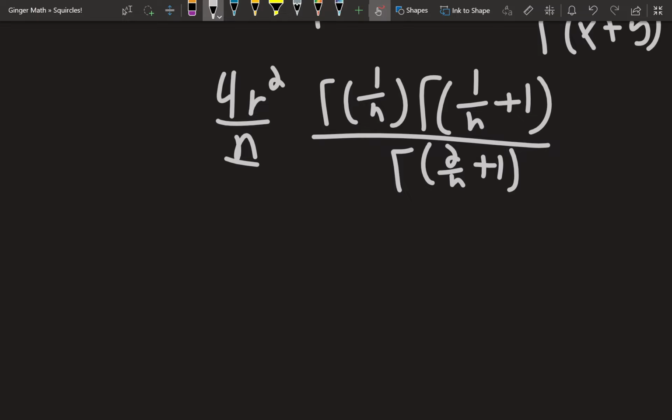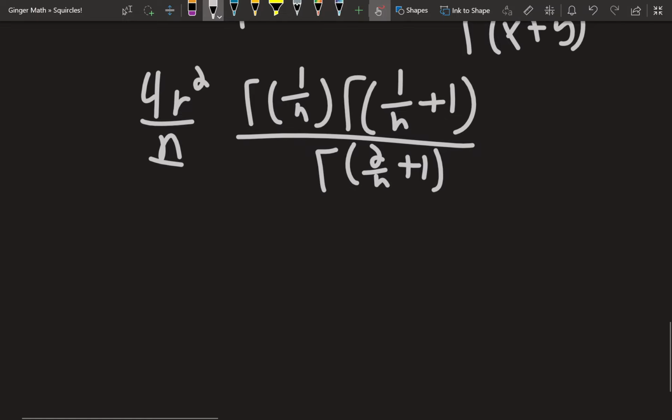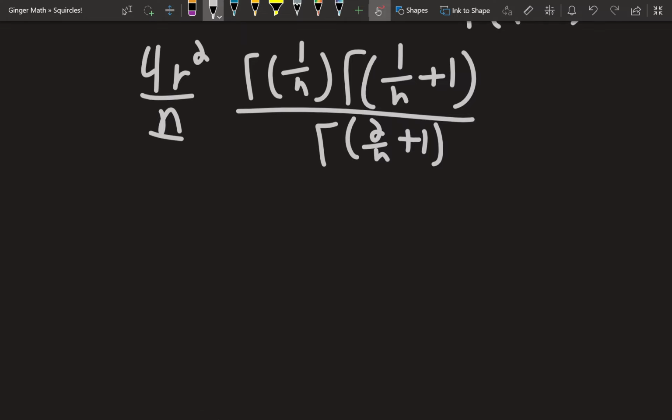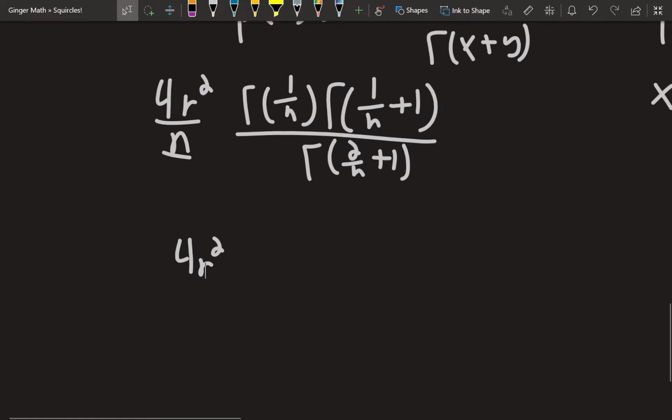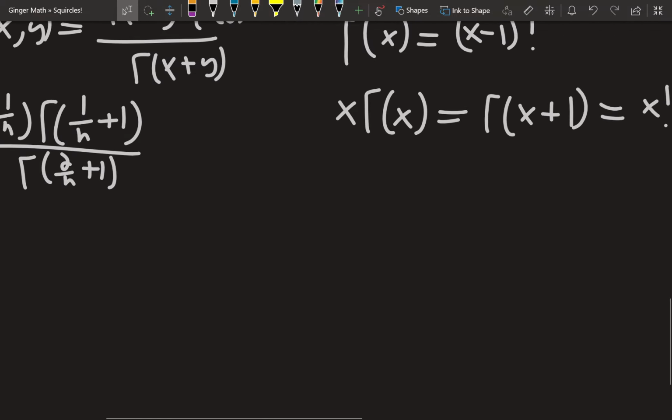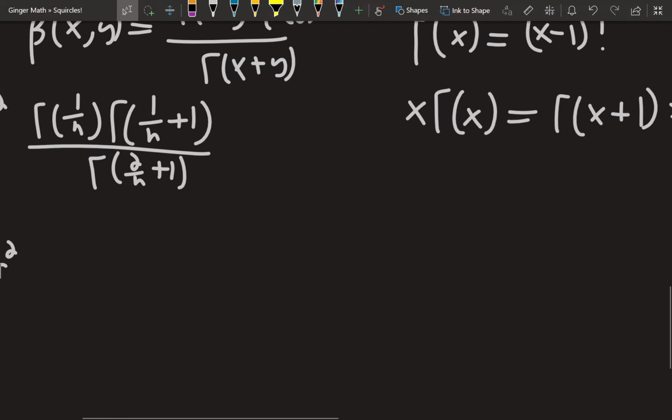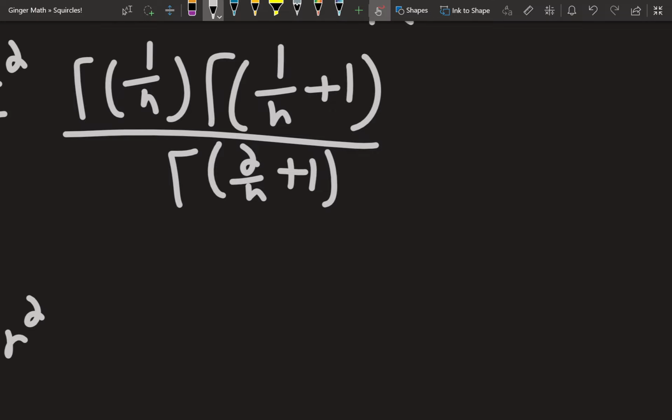Actually, no, I'll put it in factorials. It'll look slightly nicer, I guess. Anyway, that's not the point. So we have a 4r squared times, okay, we have a 1 over n times gamma of 1 over n. That's just gamma of 1 over n plus 1, which is the same thing as this right here.